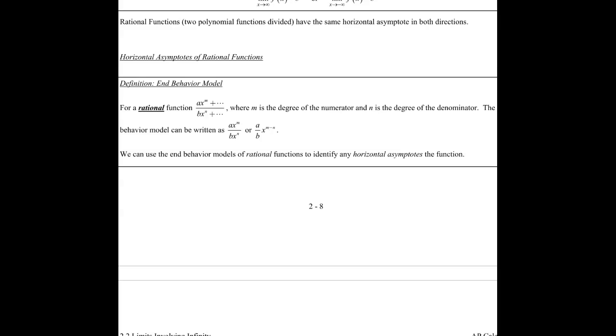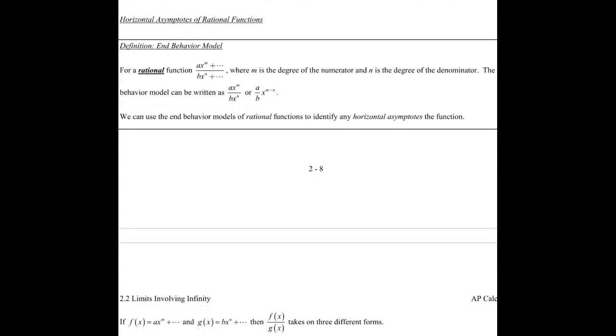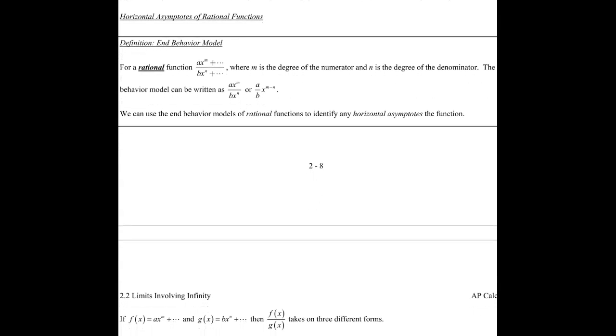The end behavior model can be written as ax to the m over bx to the n, or a over b times x to the m minus n, because you always go top minus bottom. We can use the end behavior models of rational functions to identify the horizontal asymptotes of the functions. So it's kind of like our version of a little tiny cheat sheet. If you'd like to think about it that way, that's perfectly fine.